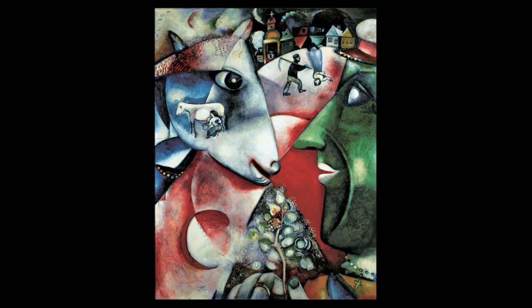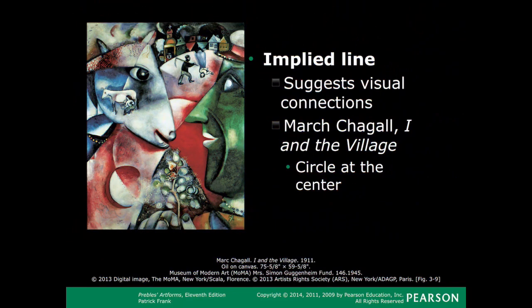You'll see symbology of his religion. You'll see the life of the farmer represented here. You'll see a connection between man and animal. And you'll see some interesting abstract shapes. This piece is called I and the Village by Marc Chagall.